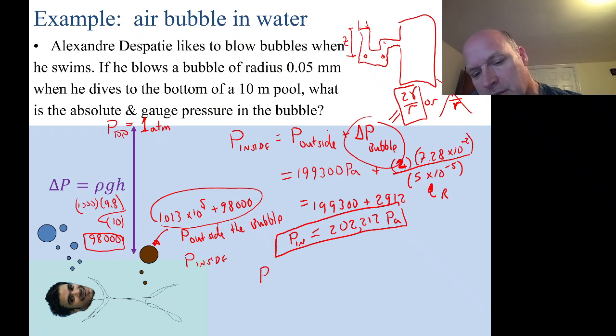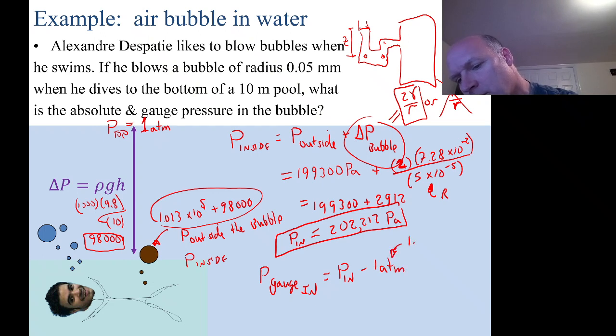Pressure gauge in would be equal to what? Pressure in minus 1 atmosphere, which is 1.013 times 10 to the 5 Pascal. So let me see. Plug that one in.